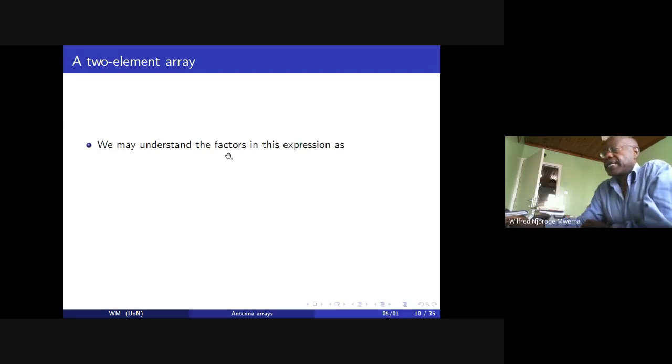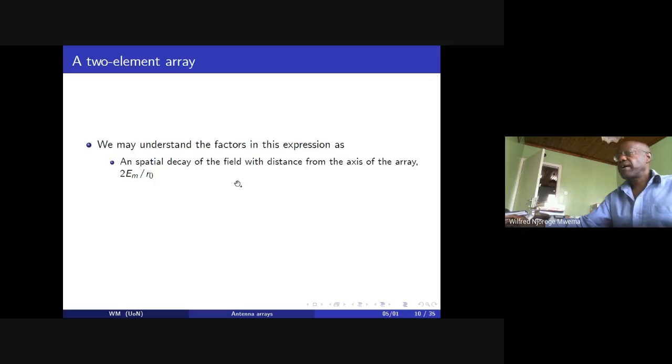So we may understand these factors in the expression as follows. One, we have a spatial decay of the field with distance from the axis of the array, given by twice EM divided by R naught. That is, the electric field at the field point will be attenuated by the distance from the array.